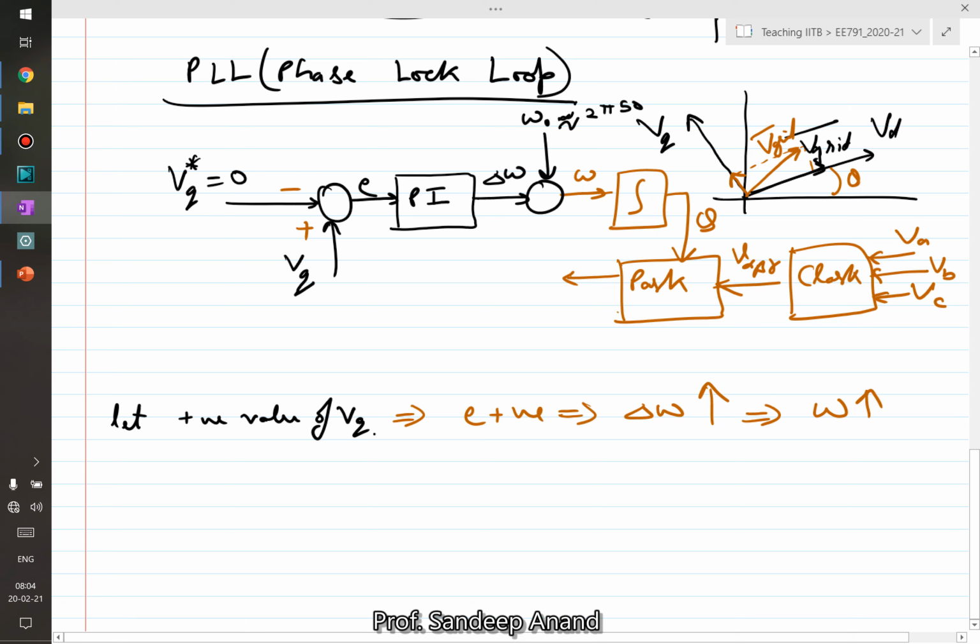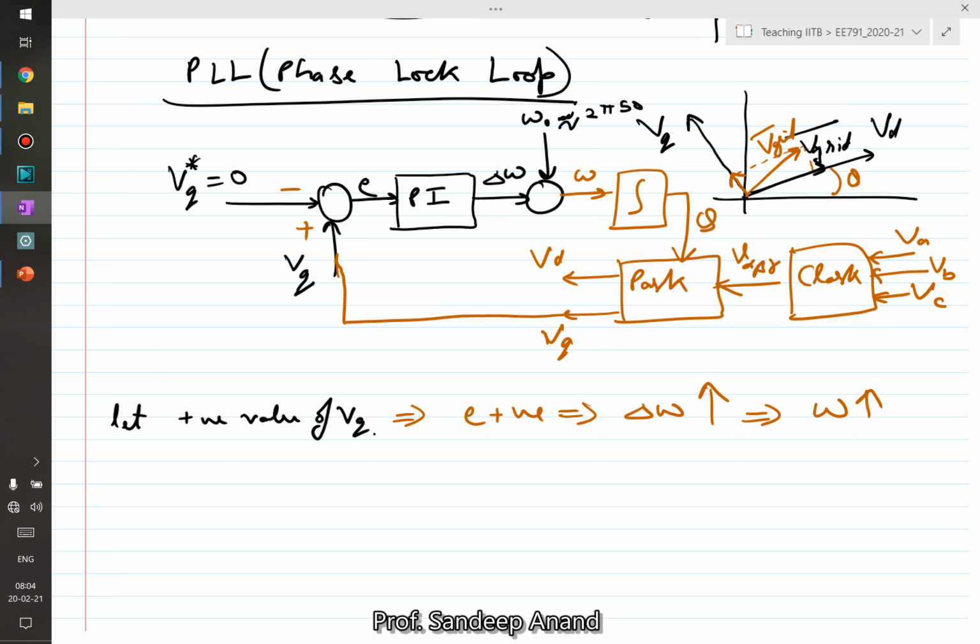And my Park transformation gives me VD and VQ, and this is the same VQ I use for the feedback operation. So this is how the complete closed loop of the phase lock loop will work, right?